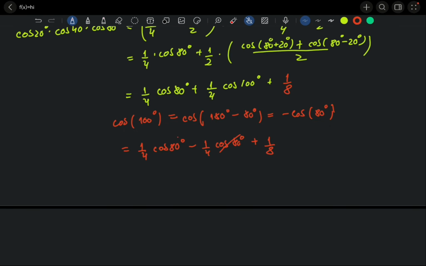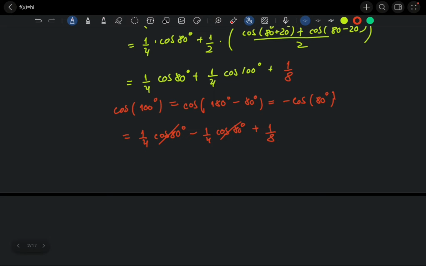Negative cosine of 80 cancels out with positive cosine of 80, and in the final answer, cosine of 20 degrees times cosine of 40 degrees times cosine of 80 degrees will be equal to 1/8, just like the first time.